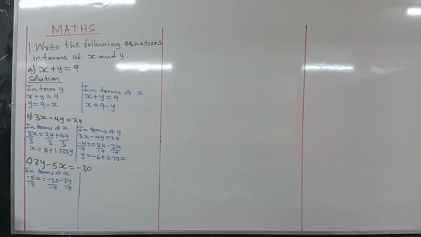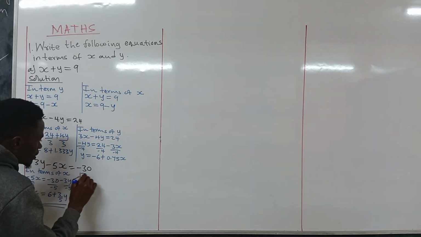In that case, x is equal to minus 30 divided by minus 5, negative negative, it's going to give us 6, then plus 3 out of 5 y.